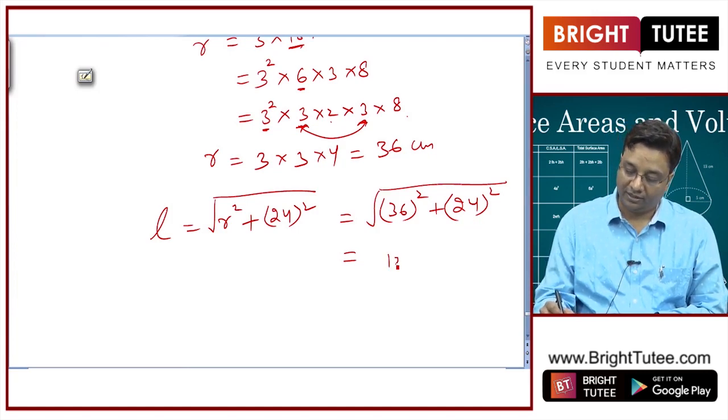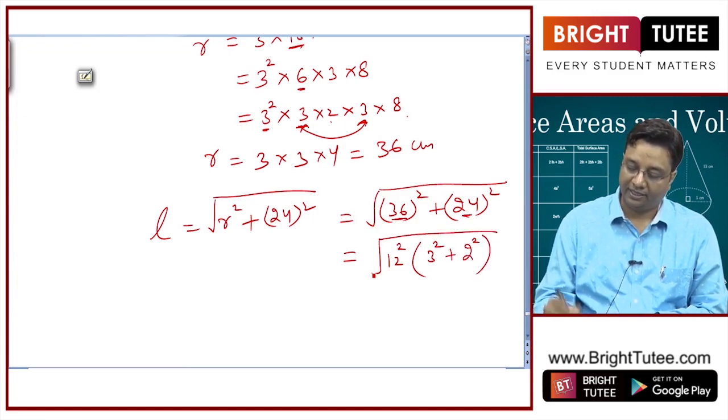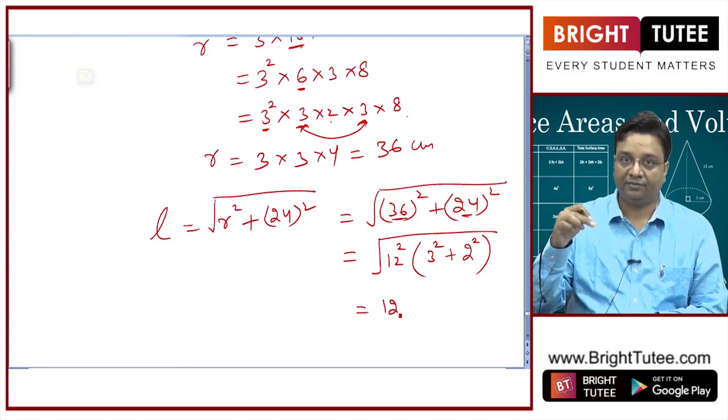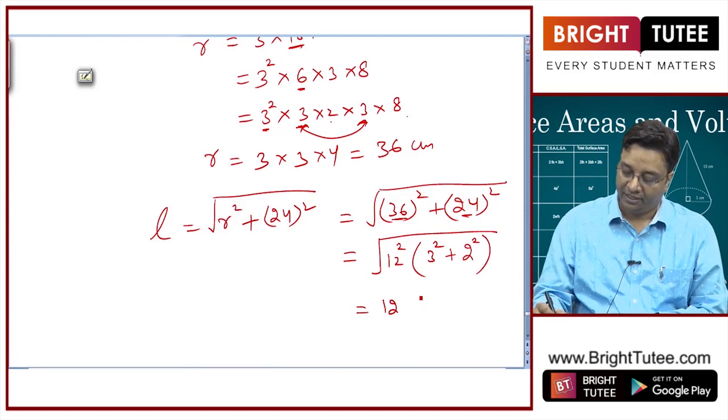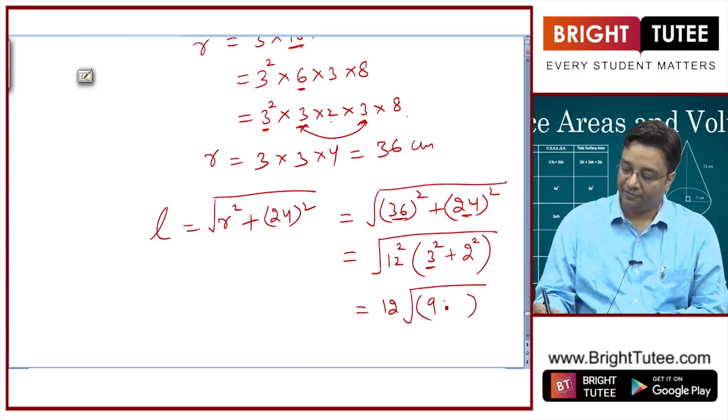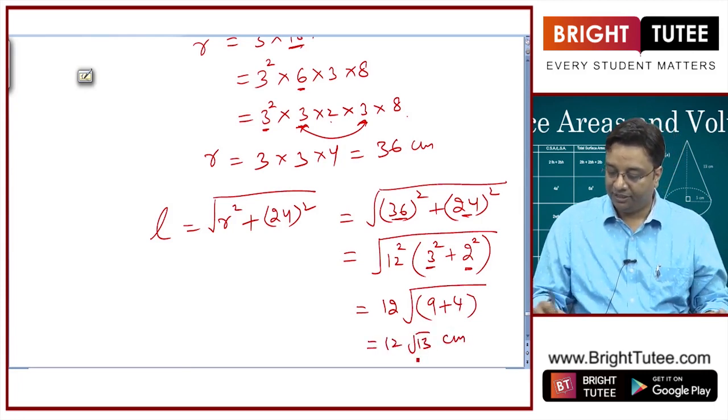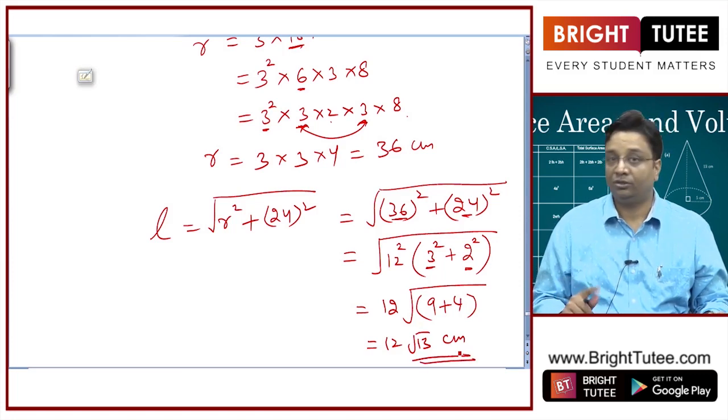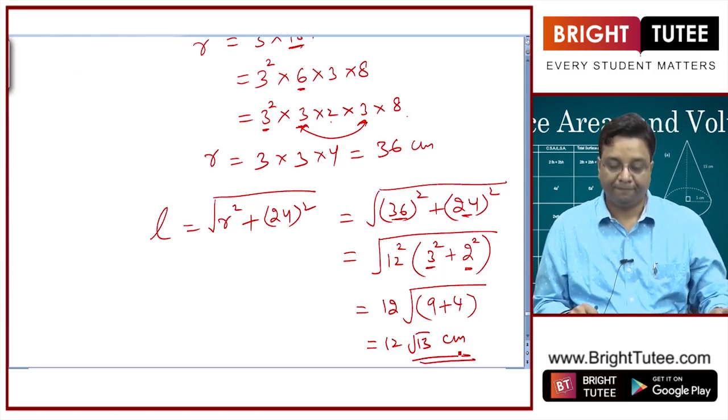So 12 square, if I take common, here I will have 3 square and here I will have 2 square. I can write it like this. So 12 can be taken out of this square root sign, and what will be left inside is 3 square is 9, 2 square is 4. So 12 square root 13 centimeter is the slant height of this conical heap. Okay.